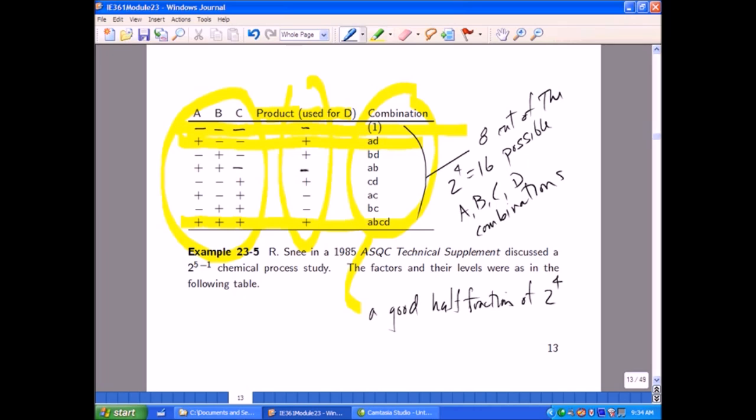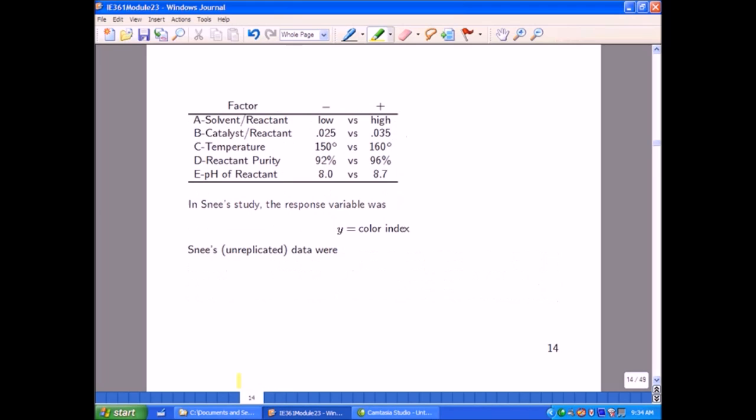As a second example, here's another data set from a chemical study. It's a chemical study that involved, as I say, 5 factors, factor A, B, C, D, and E, each at 2 levels, where the response variable was a color index for some kind of a product made by the process.